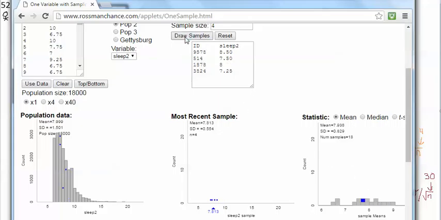That makes sense because if there's a lot of population members down at the low end, then a lot of the combinations of 4 people will come from this low end and have low sample means. There aren't as many combinations that will give you higher sample means. We can see here that a lot of these combinations of 4 people are coming from this lower end.